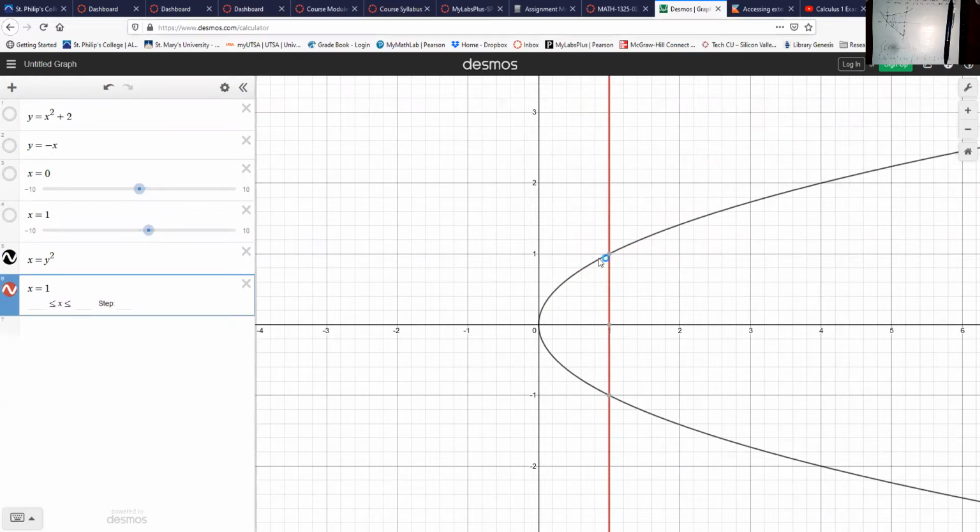So let's say I said find the area of this region here. If I were to draw a rectangle, I hit this function twice, right? Meaning I cannot use dx.